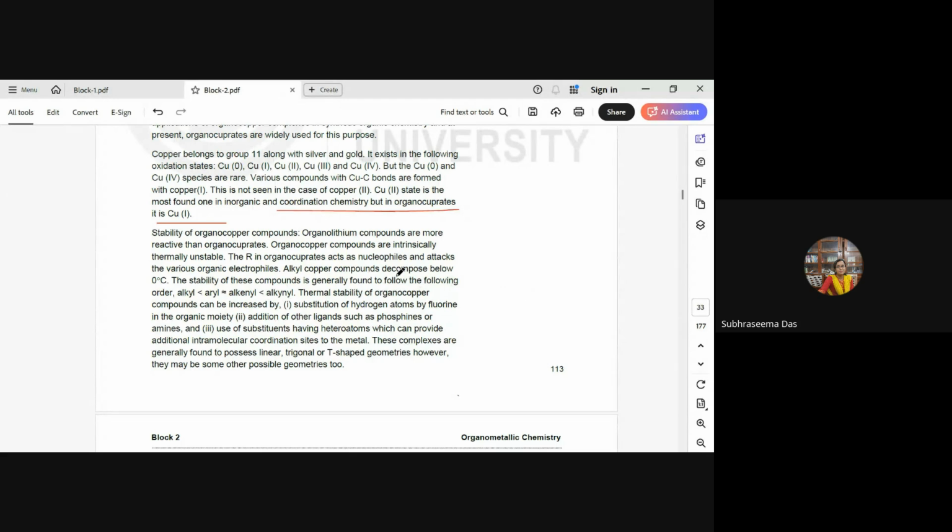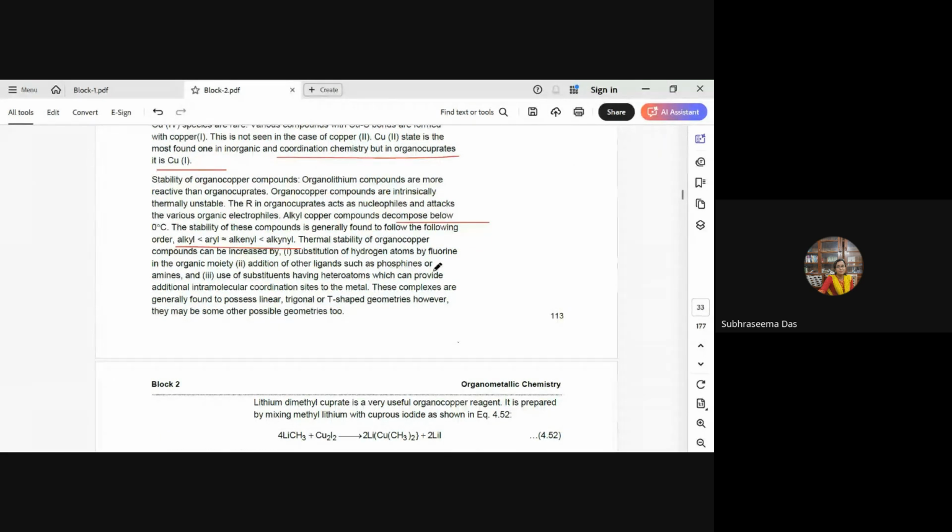Alkyl copper compounds decompose very slowly, and the stability has been found to be of the order alkyl less than aryl and less than alkynyl. The thermal stability of organocopper compounds can be increased by substitution of hydrogen atoms by fluorine in the organic moiety, by addition of other ligands such as phosphine or amines, or by use of heteroatomic substituents.